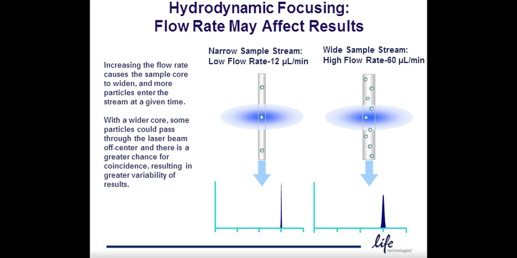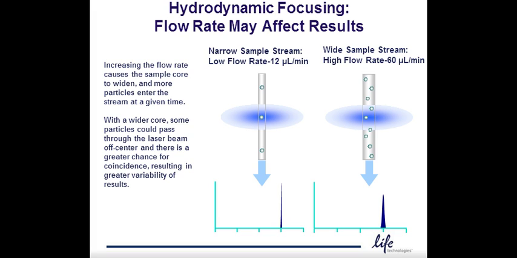To increase the flow rate in hydrodynamic systems, the speed of the sample core does not change, but rather the width of the core within the sample sheath increases, which allows more cells to enter the core stream at any given moment. With a wider sample core, some cells will pass through the laser beam off-center and intercept the laser at a less optimal spot, creating variability.